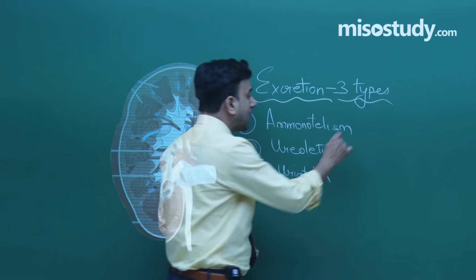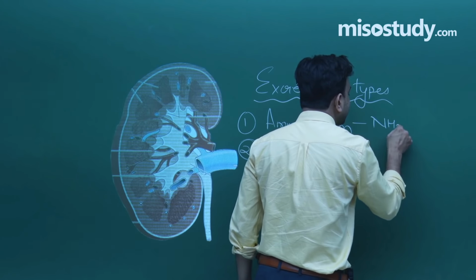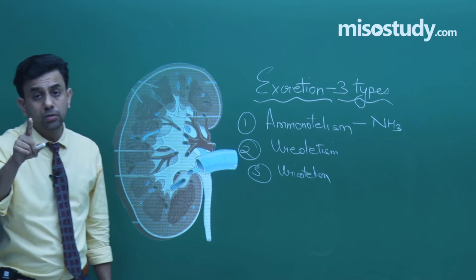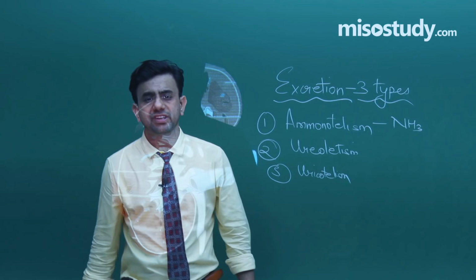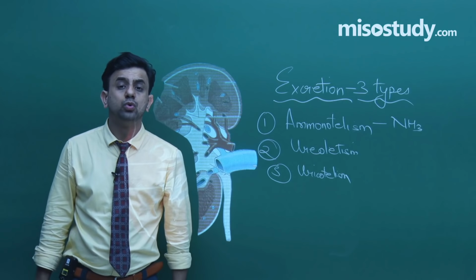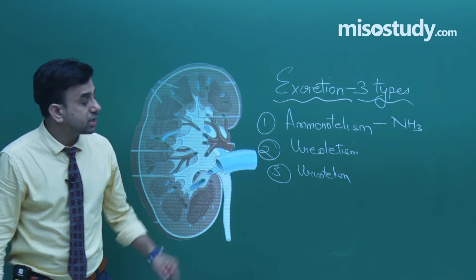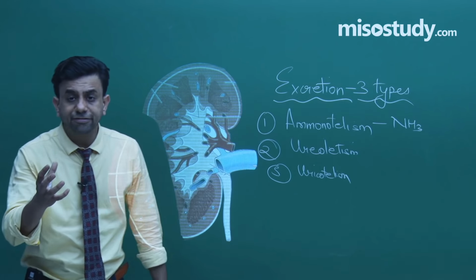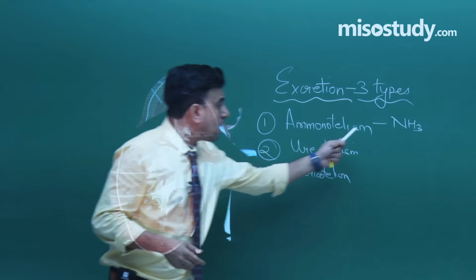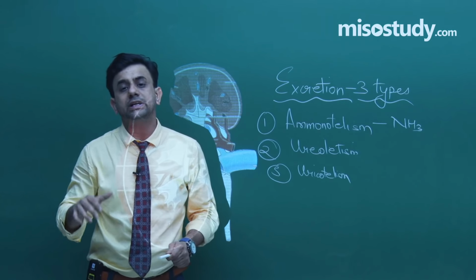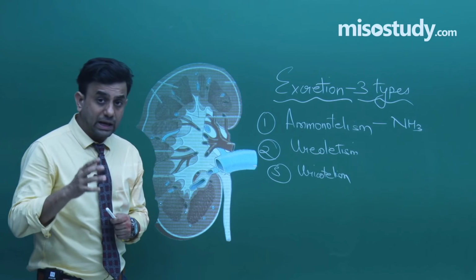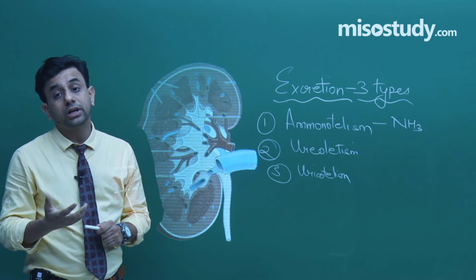Ammonotelism is where ammonia is excreted. Now, ammonia is highly soluble in water. Ammonia is one of the most dangerous waste products. You cannot afford to let ammonia accumulate in your body. So, what will happen if the excretory product is given out in the form of ammonia? This will require a large amount of water to dissolve, and hence the body should have a lot of water.